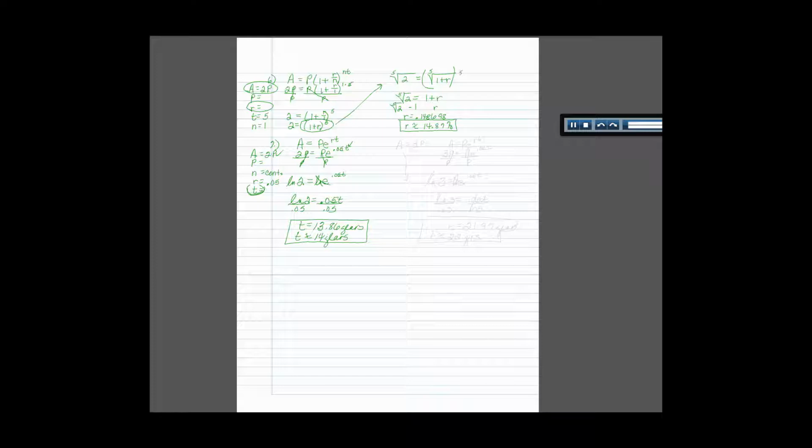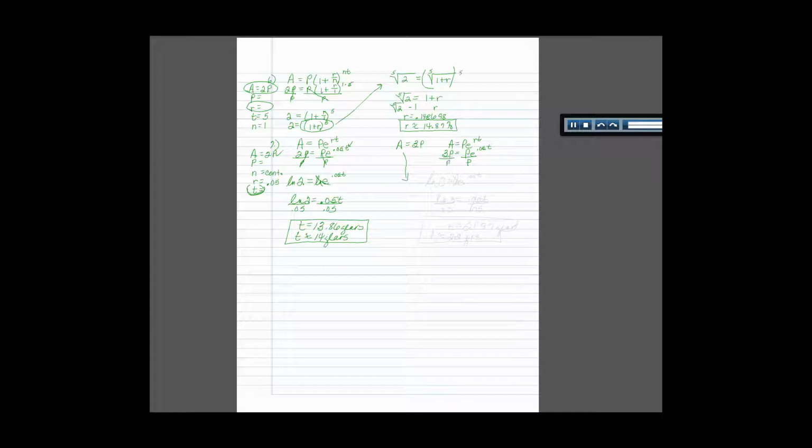Now it says, how long will it take to triple? Well, instead of A equals 2P, we're going to have A equals 3P. The other numbers are the same. Okay, so I'm going to have A equals PE to the RT, but A is this time going to be 3P equals PE to the 0.05T.